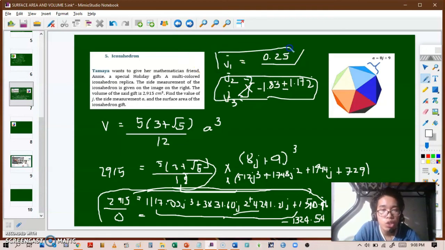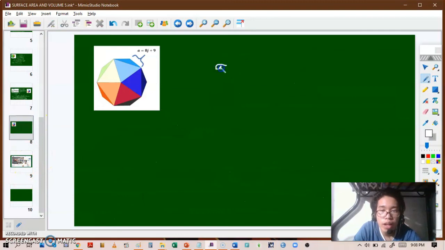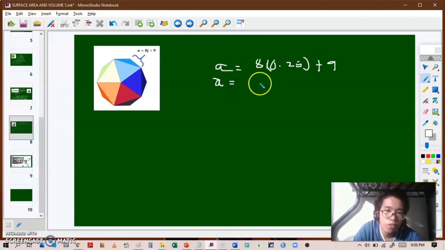So J is equal to 0.25, and we can use that to solve for the side measurement of the icosahedron. That's 8 times 0.25 plus 9, so A is equal to 2 plus 9. So the side measurement is simply 11 centimeters.